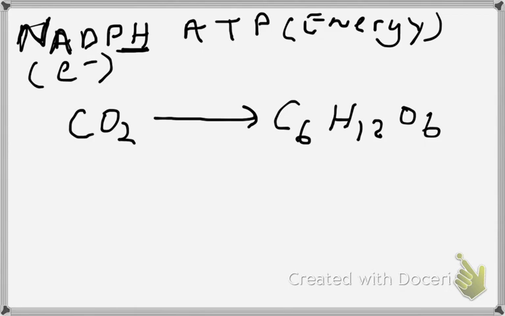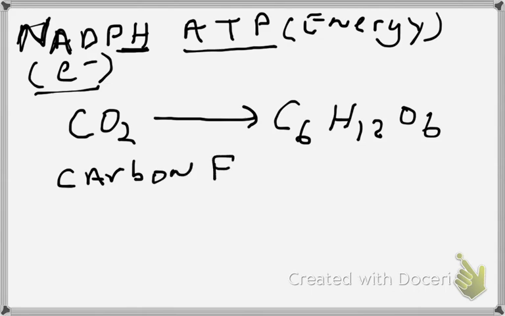So we're going to use the electrons from NADPH to stick carbons together in glucose, and we're going to use ATP as the energy for this process. So this is called carbon fixation, because you're taking loose carbon from the atmosphere and you're fixing it in an organic molecule.